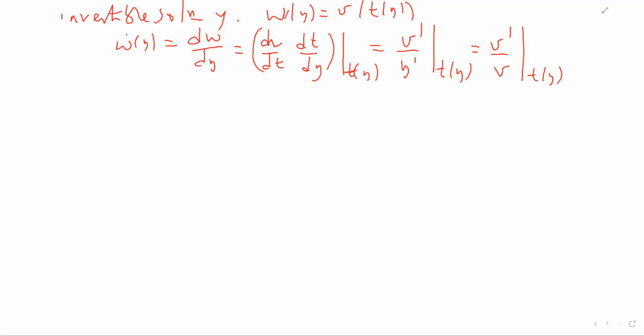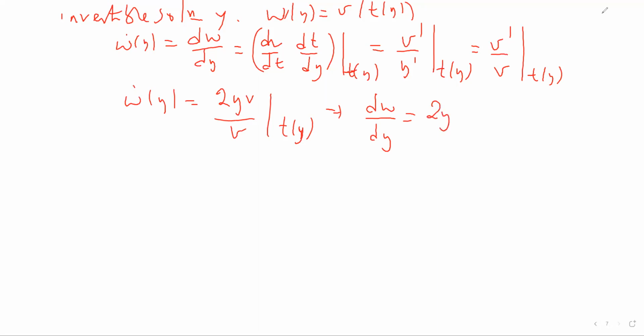Then using the differential equation, we can write it as 2v over v, and this is nothing but dw/dy is equal to 2y, and this gives us w of y is equal to y squared plus c.